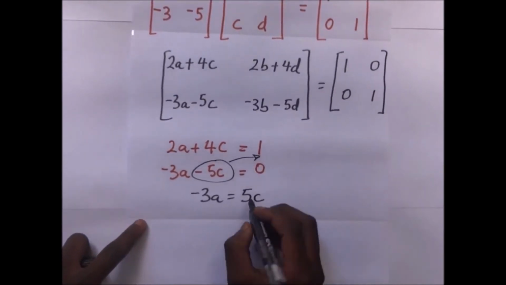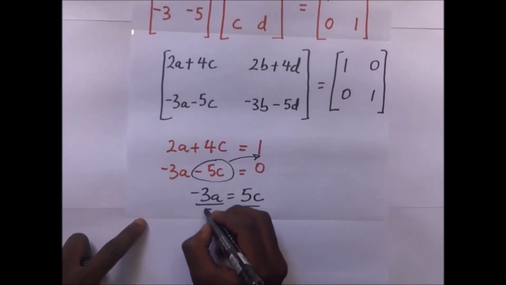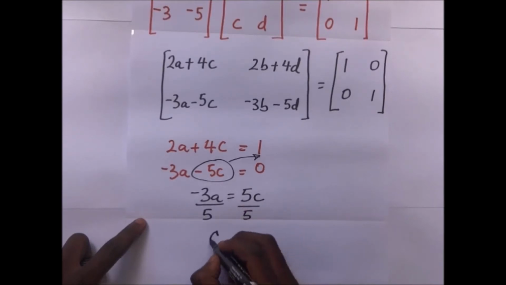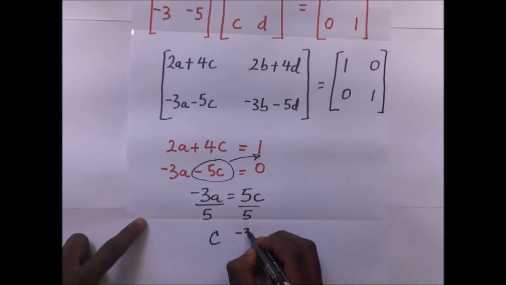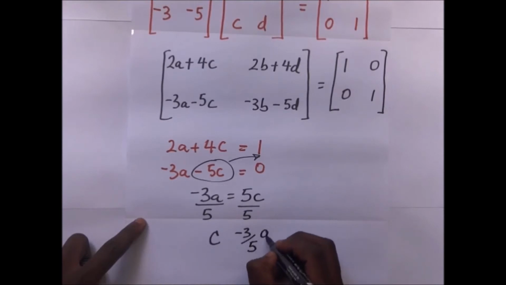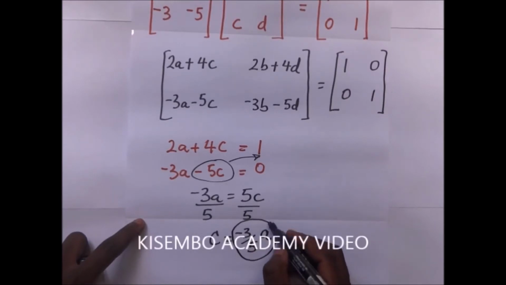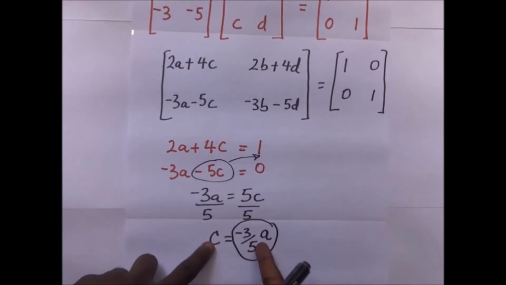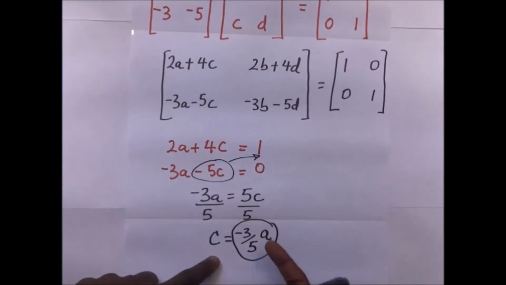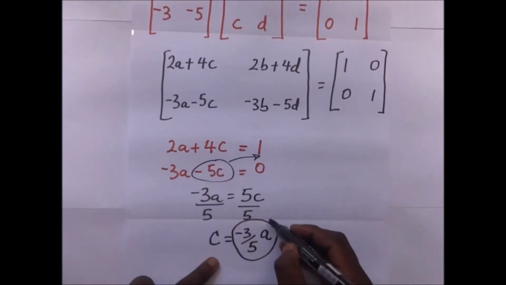When we divide both sides by 5, we end up with our value of C becoming negative 3 over 5 A. That's our value of C. So if our value of C is negative 3 over 5 A, it means we are going to substitute for C in the first equation. So where there is C, we put this.